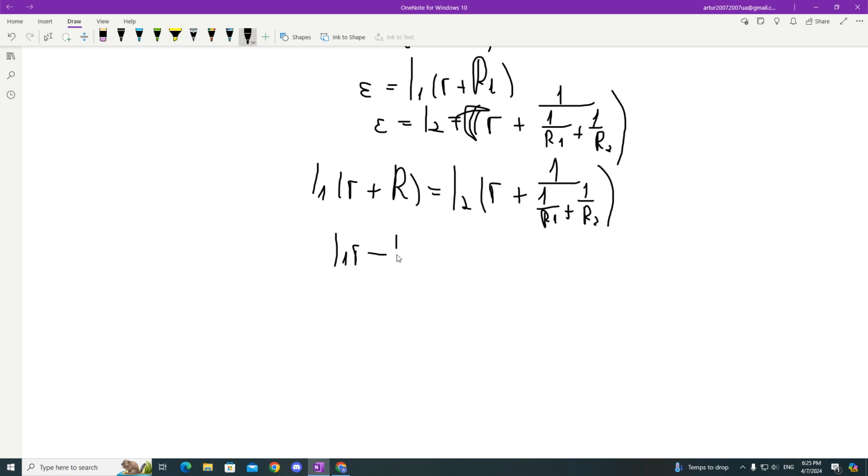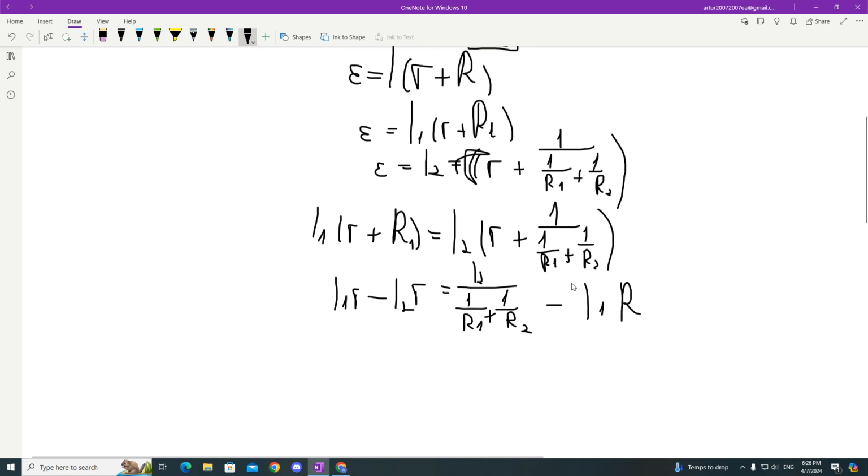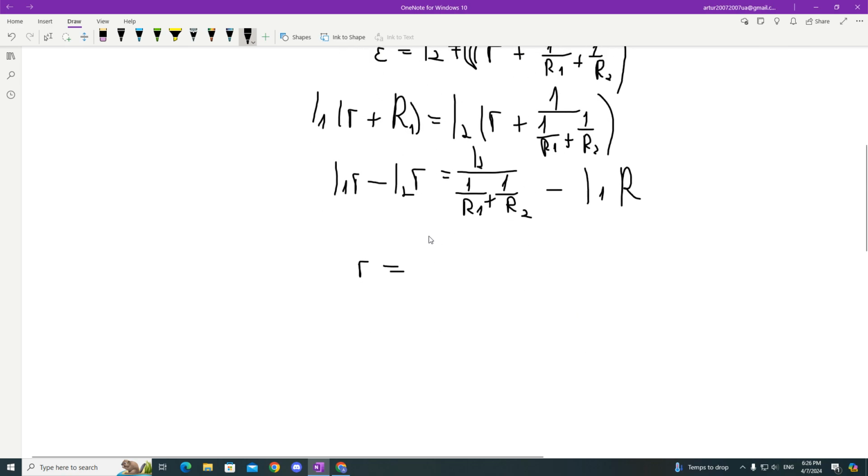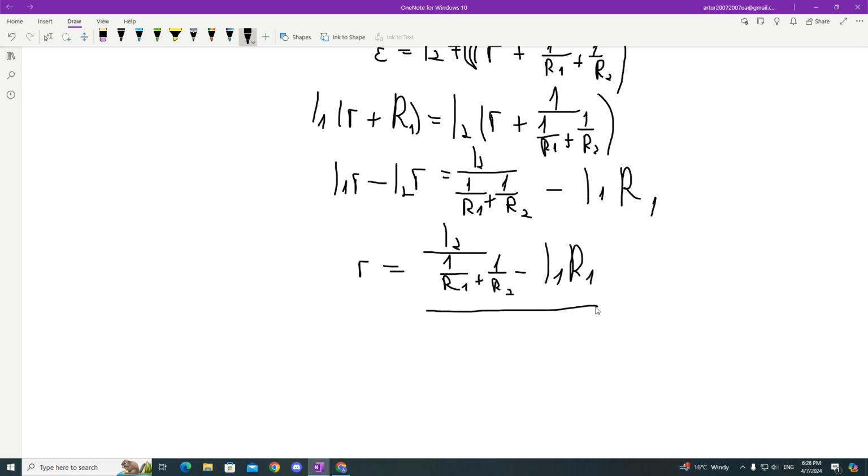So we have r (I1 minus I2) equal to I2 over (1 over R1 plus 1 over R2) minus I1 R1. Factorizing r, we get r equal to I2 over (1 over R1 plus 1 over R2) minus I1 R1, over the difference of I1 and I2.